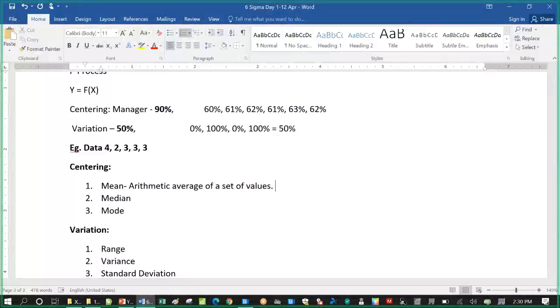For this example, can you calculate and tell me what the mean will be?